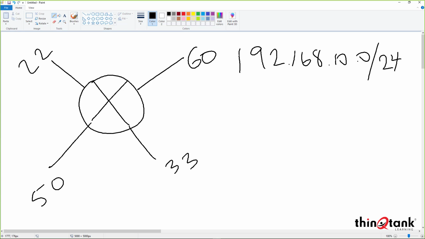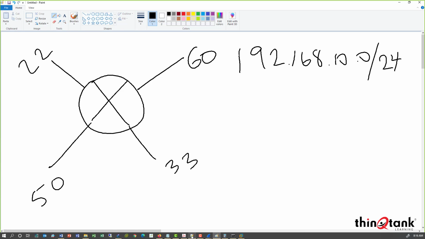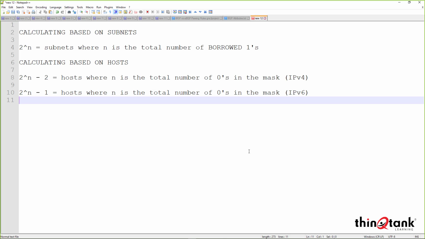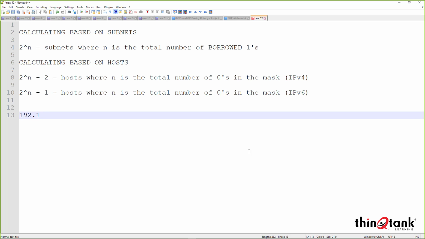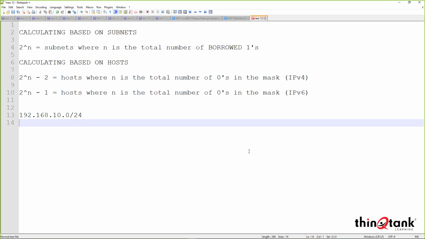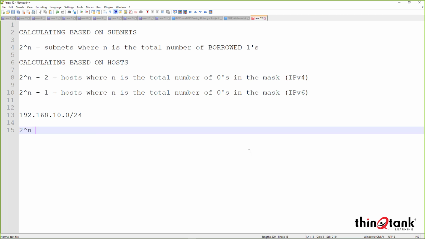So I can do the calculation. I can come back here and say, okay, I need 4 subnets. So 192.168.10.0/24, 2 to the power of n has to be greater than or equal to 4. Okay. Can I get 4 subnets?